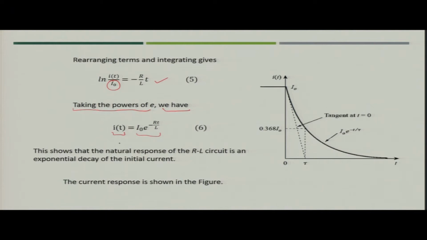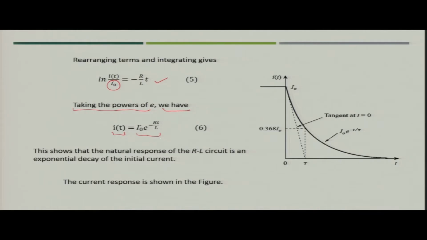If you compare it with the RC circuit, where we calculated Vc equal to V naught into e to the power minus t by RC, here the current in terms of time t is I naught into e to the power minus R t by L. What would be the response of this function?